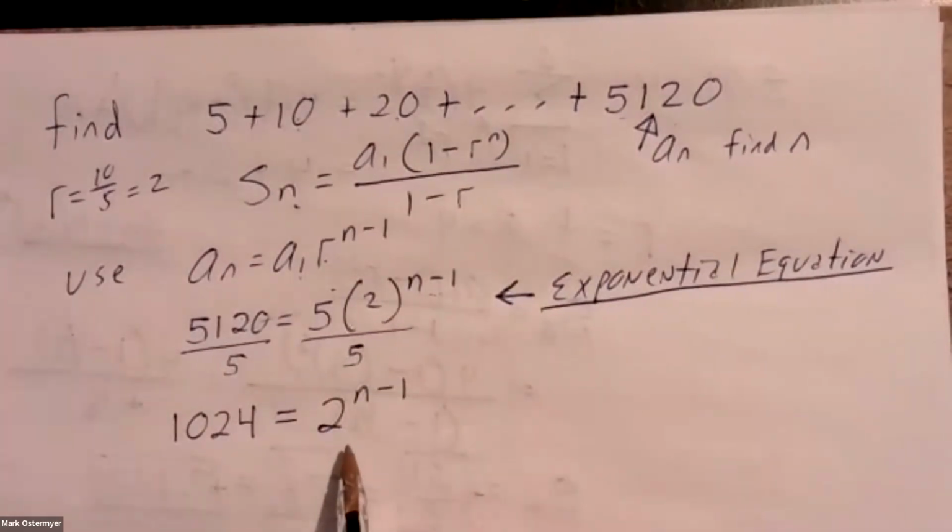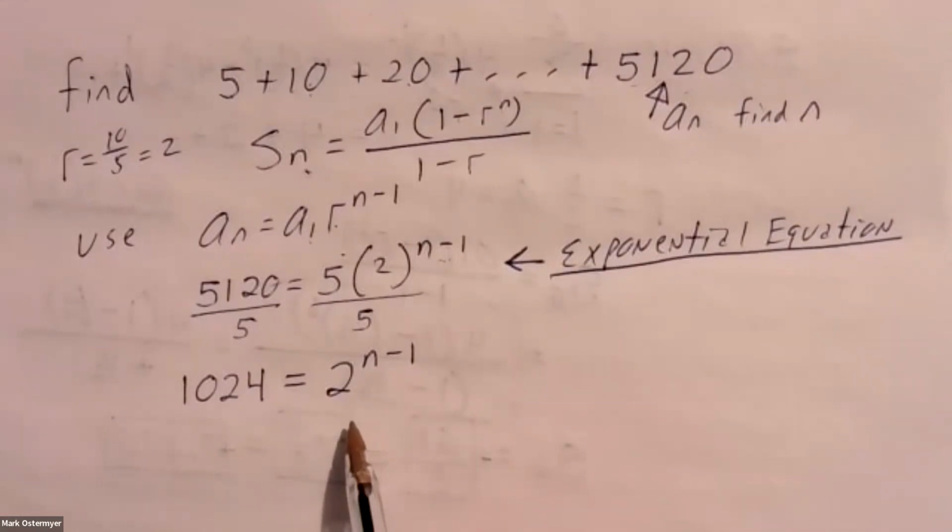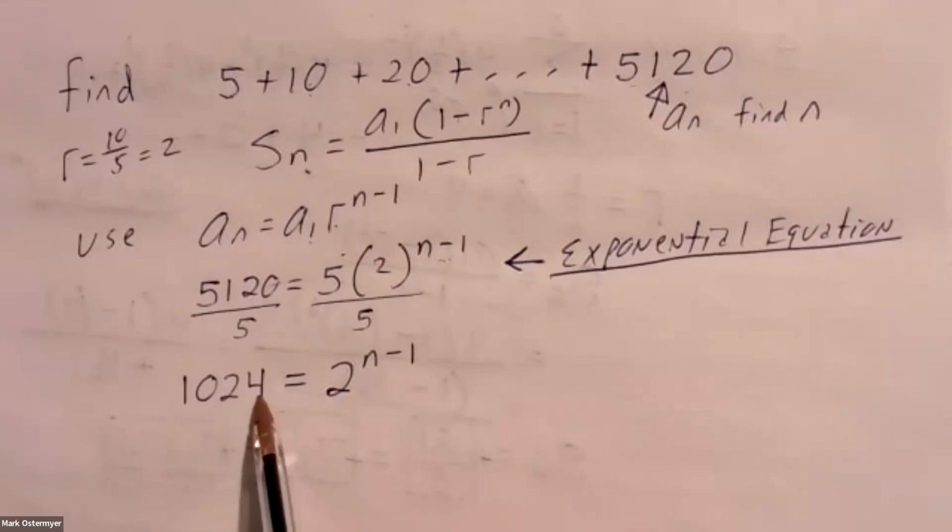So we've got to solve this base 2 exponential equation for n. Now, one way you could do that is you could take the logarithm of both sides of this equation and solve for the exponent n, but you don't have to. This 1,024 can be reduced down to base 2 raised to some power.